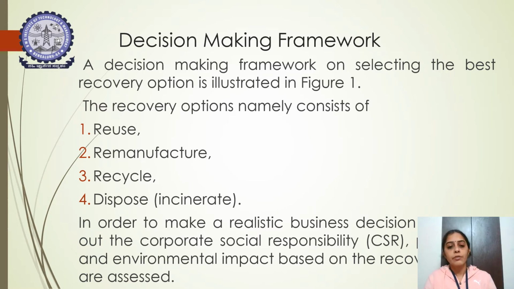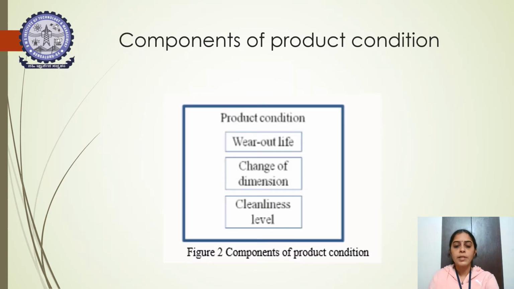So these are the different recovery options one has to take care of when the product comes to the end of its life. This is related to recyclability and end of life of a particular product, explained already. You can see this diagrammatically here. The product condition: whether the part which has been manufactured is easily wearable, or whether there is any change in the dimension of the part.